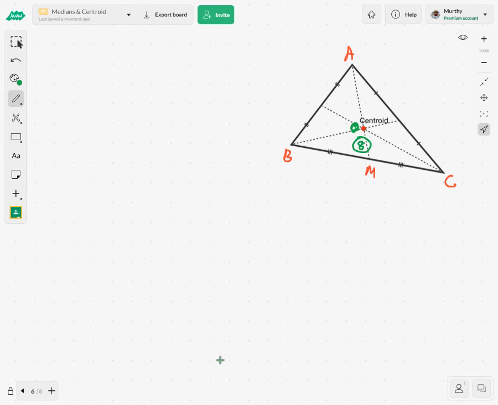So OM is given as 8 units. Let's say the question is: the centroid is O here, and the length of OM equals 8 units. Then you are asked to find the length of AO.